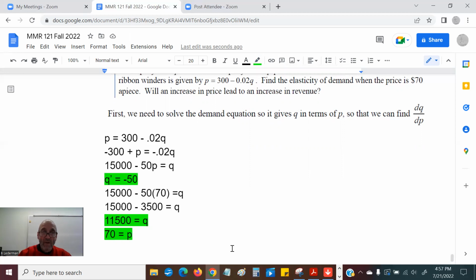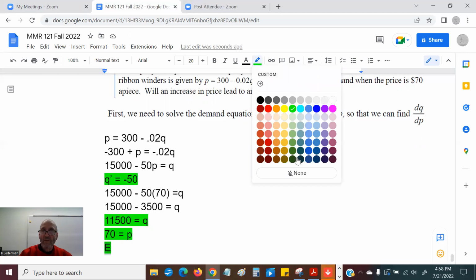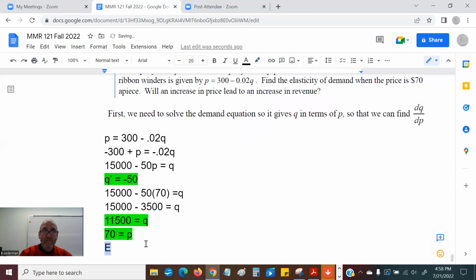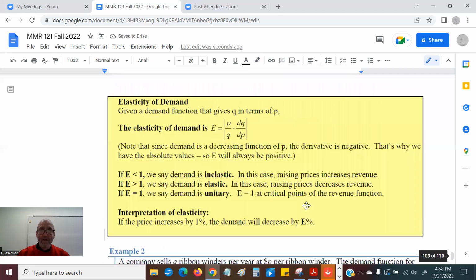So we want that E. E is going to be equal to P over Q times dQ/dP.